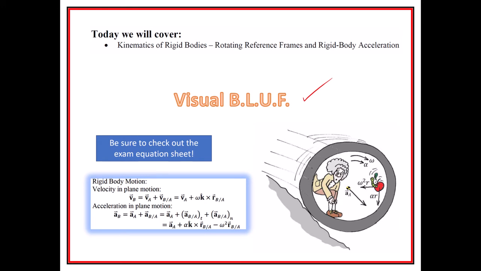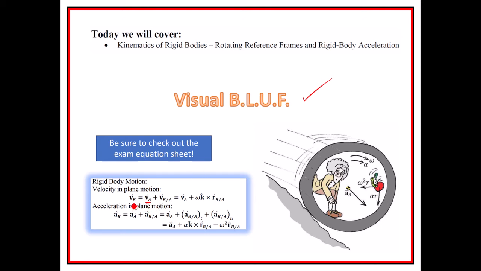As you'll recall, for rigid bodies, we can define the motion as a combination of translation and rotation. And translation, we usually do that by having this relative motion equation.